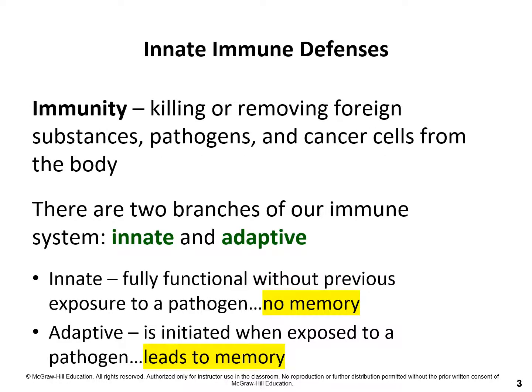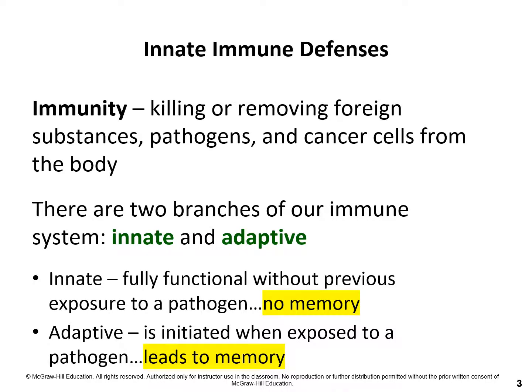Immunity is the killing or removing of foreign substances, pathogens, and also cancer cells from the body. As a whole, the immune system is responsible for ridding the body of these materials that can cause disease or infection.